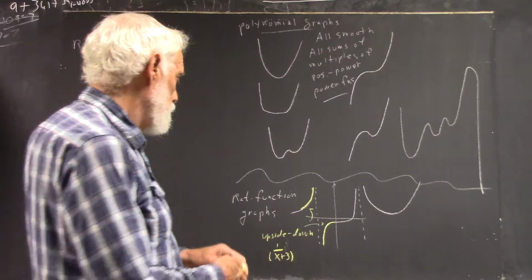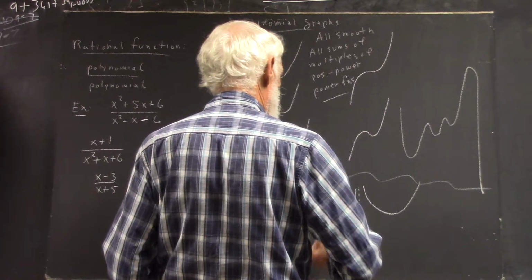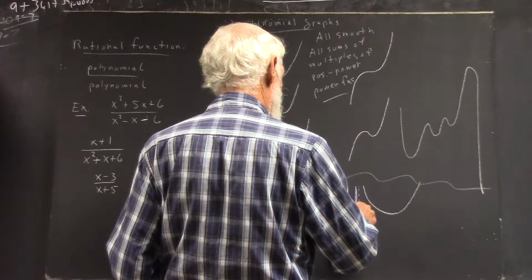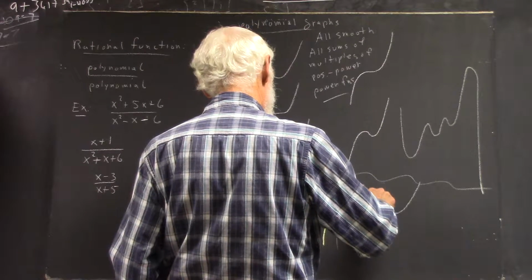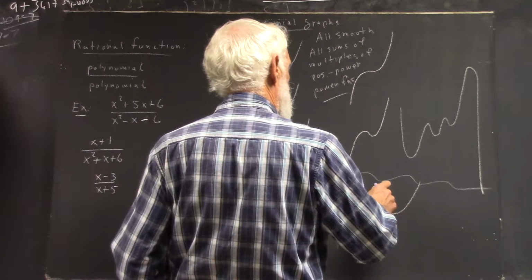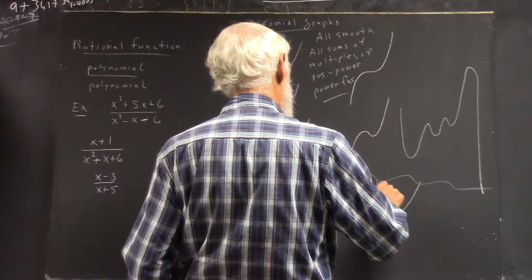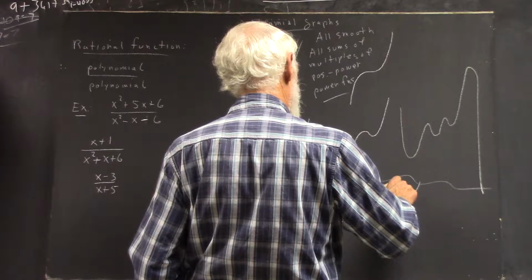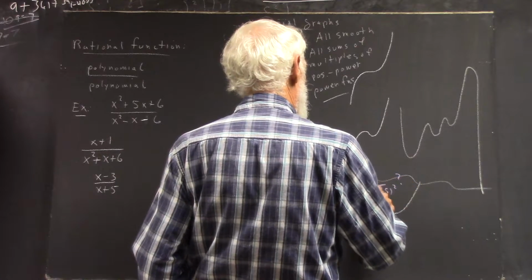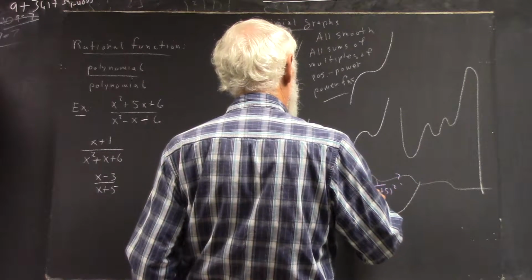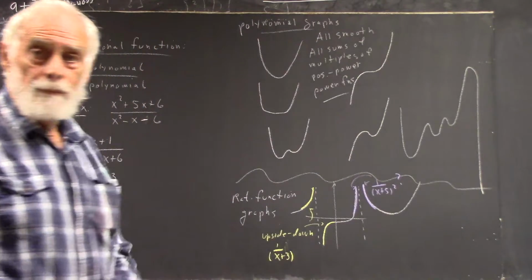And over here, this might be maybe a 1 over x plus 5 squared. Okay?